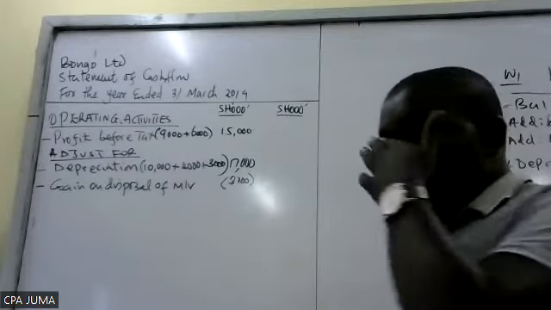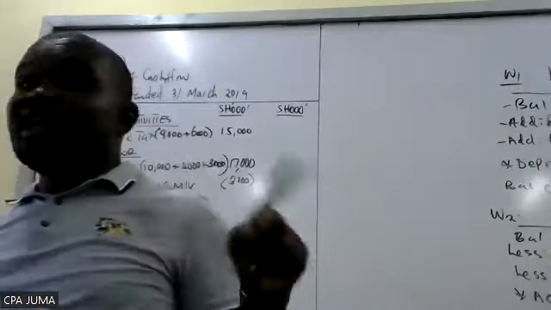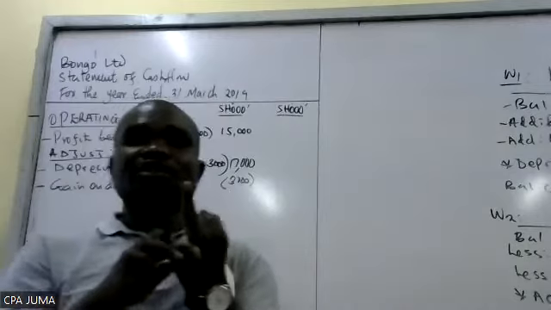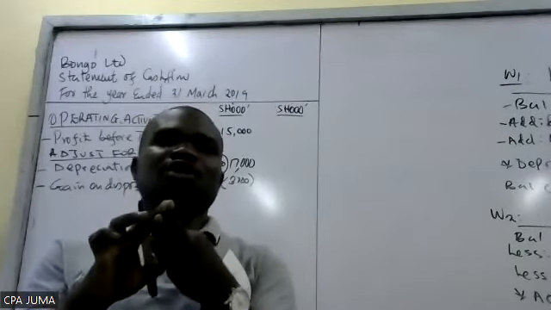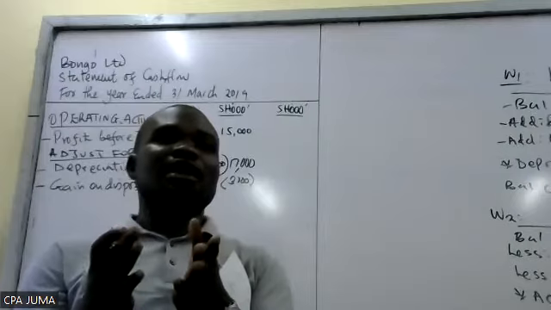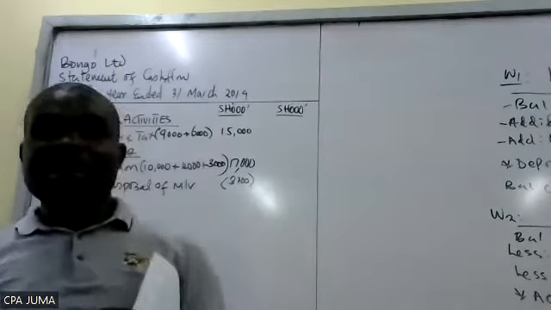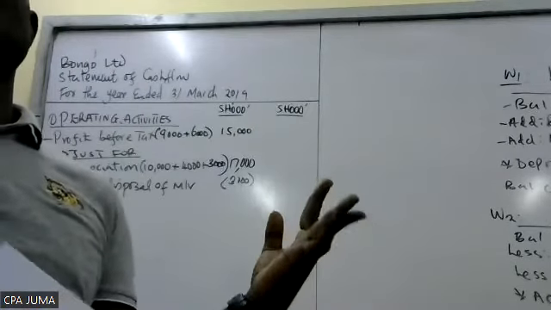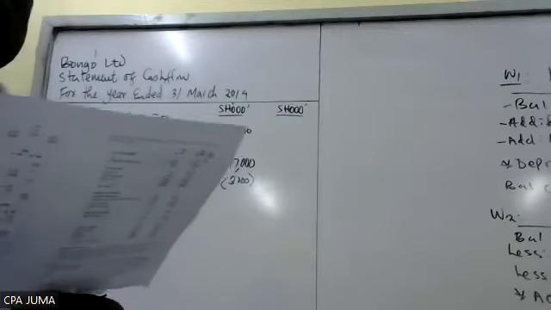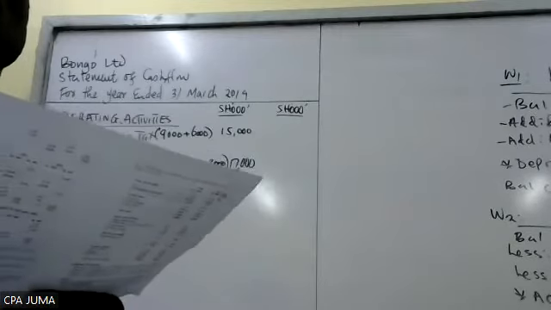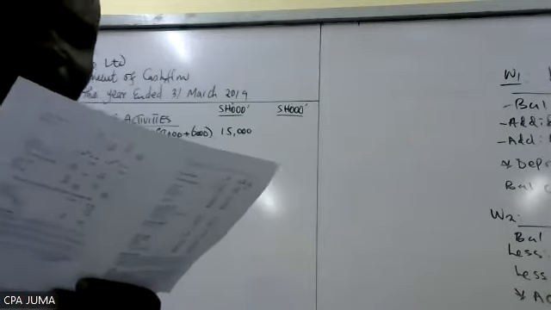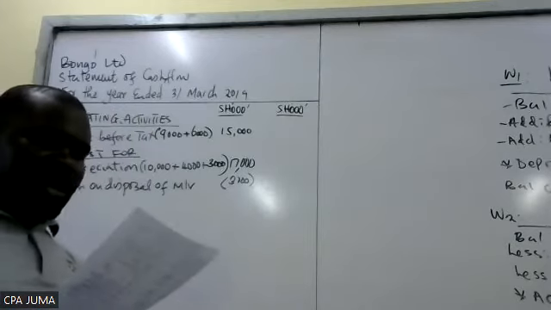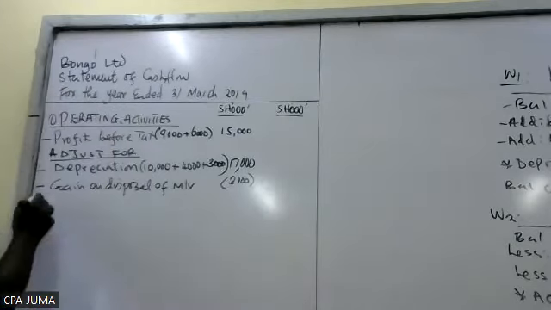After that, you check if there is any expense which was charged to P&L which is not administrative, not cost of sales, not distribution. Here we are not given the P&L, but you can check from the notes. Is there any expense charged to P&L which is not operating? Operating is admin, distribution, and so on. Yes, note 4. Check note 4. Interest expense charged to P&L for the year amounted to how much? 8.